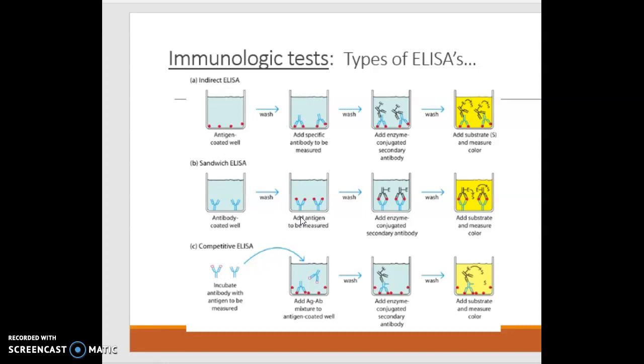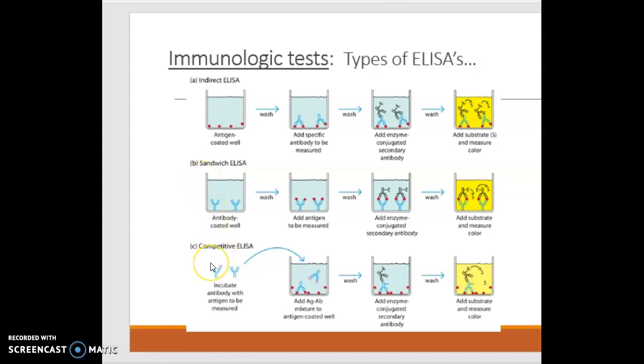After any free second antibody is removed by washing, a color reaction is produced, which is read as in the indirect ELISA by the spectrophotometric plate reader. This is the second method, the sandwich ELISA.